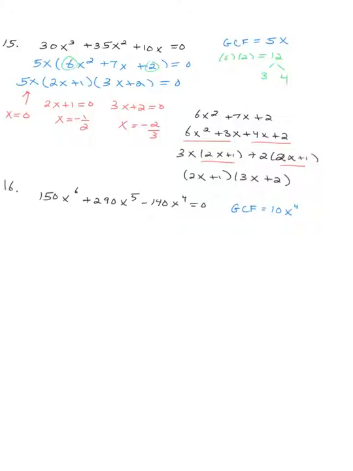All right, so removing 10x to the 4th, we're left with 15x squared plus 29x minus 14, and that's it. Yeah, 29 is prime, 15 is a 3 and a 5, 14 is a 2 and a 7. There are no common factors that can be removed.